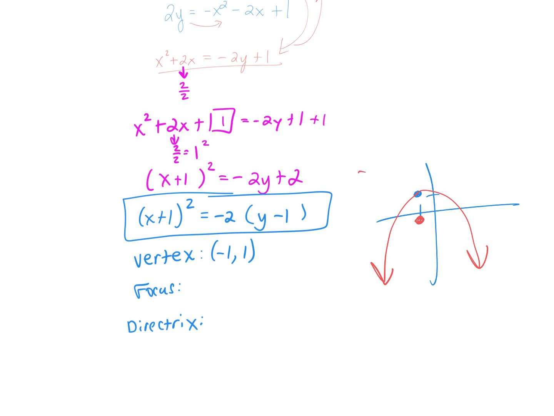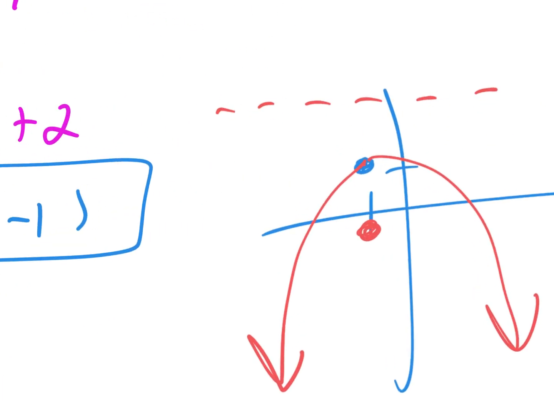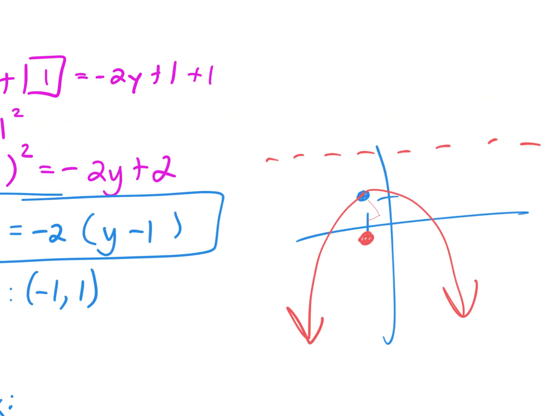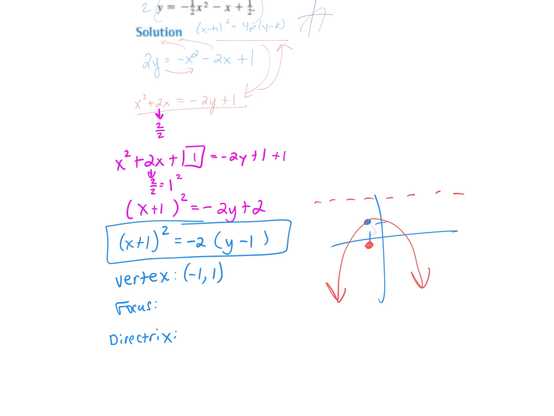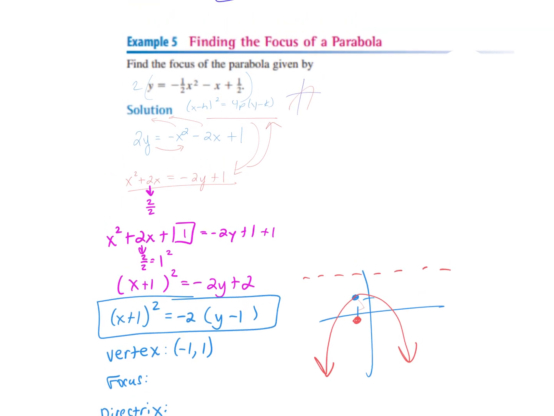And my directrix is out here. All right, so how would you figure out how far it is from here to here? What's that value? It's the p-value, right? So in your formula, guys, where is the p-value?